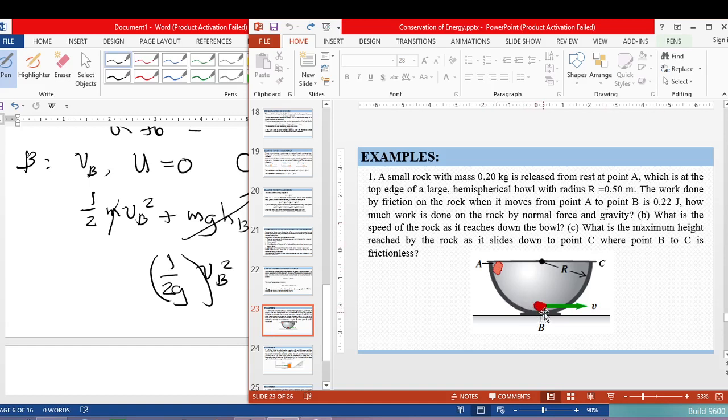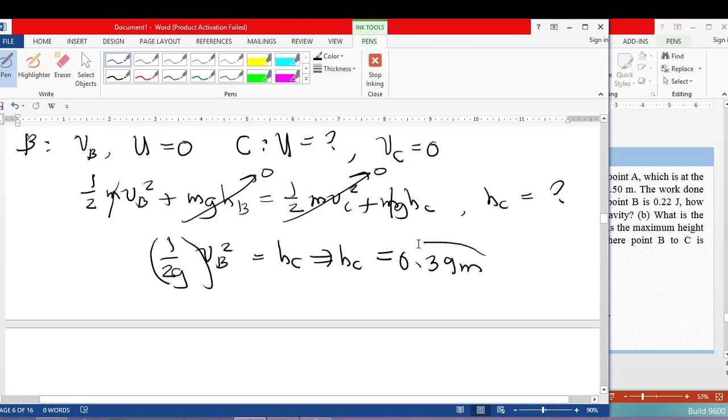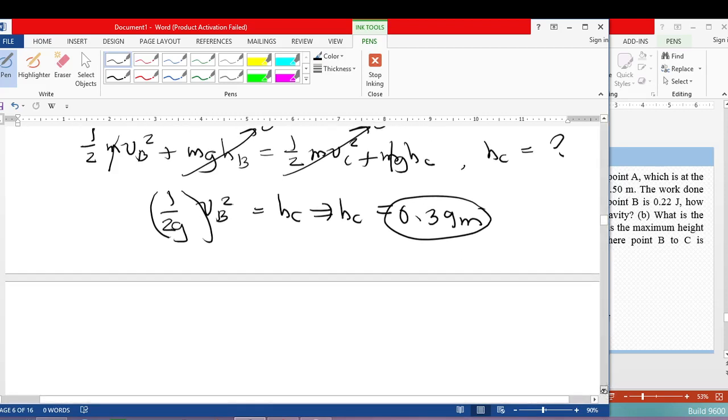So we have to expect that it will not reach point C. So it is somewhere in the middle. Friction took energy, so it can no longer get exactly to point C. But if there were no friction here, it would basically go back to the same height as point A. Since there is friction, you expect that the maximum height is less than the initial height where it started. Okay?